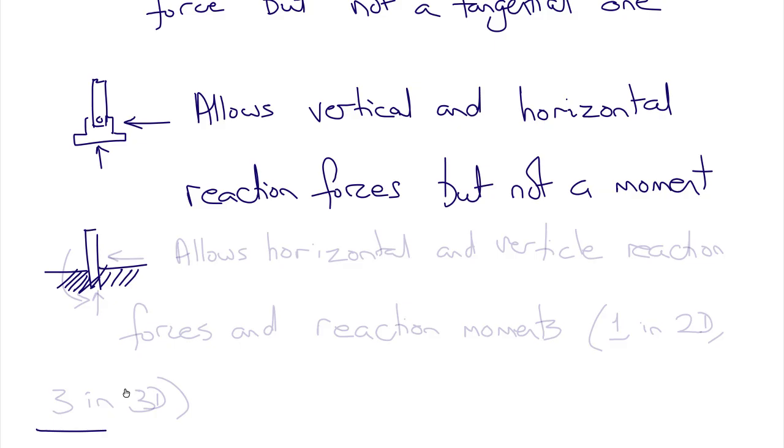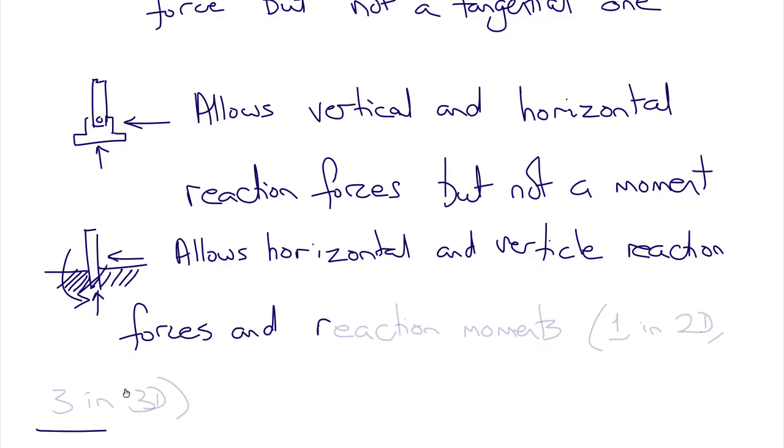If the support is fully fixed and clamped, then this will allow for a horizontal and a vertical reaction force and a reaction moment. So 3 reactions in 2D, or 6 in 3D. 1 reaction moment in 2D, 3 reaction moments in 3D.